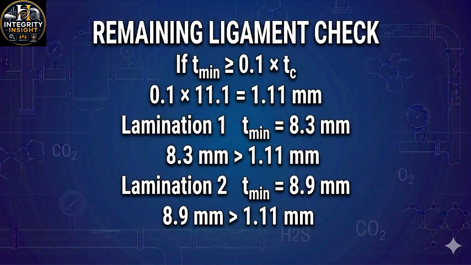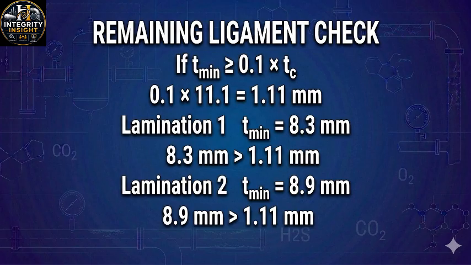In this case, both measured ligaments are substantially larger than the minimum requirement. Lamination 1 has a remaining ligament thickness of 8.3 mm, which is significantly greater than the minimum required value. Lamination 2 has a remaining ligament thickness of 8.9 mm, which also exceeds the requirement by a substantial margin.